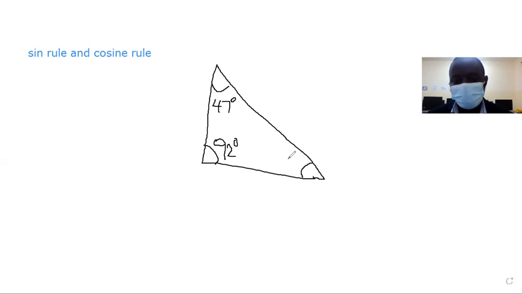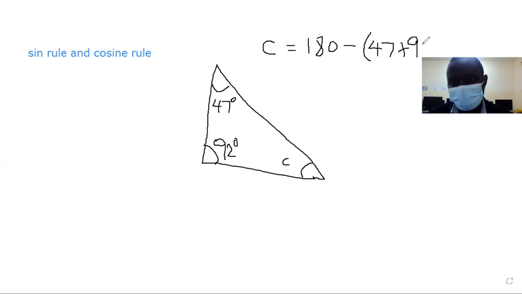I want to call this angle C, because the total angle inside a triangle should be 180 degrees. I'm sure you know this before. I'm just trying to do some revision for you. All right, so angle C will be equal to 180, that should be the total, minus the other two angles, 47 plus 92.